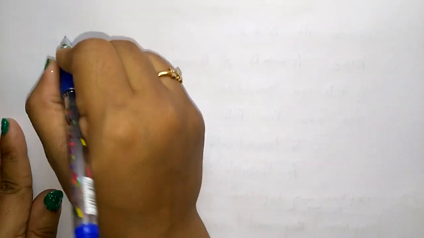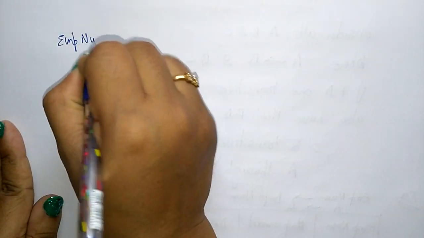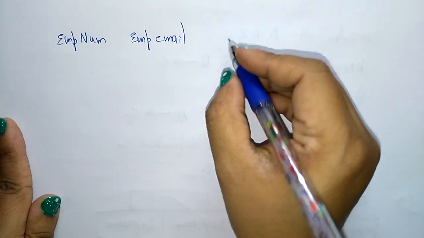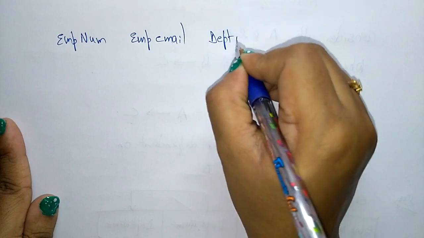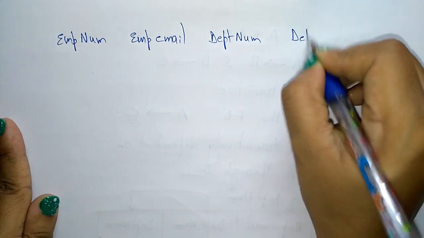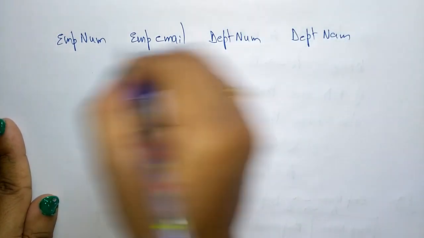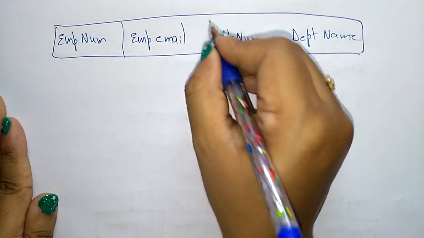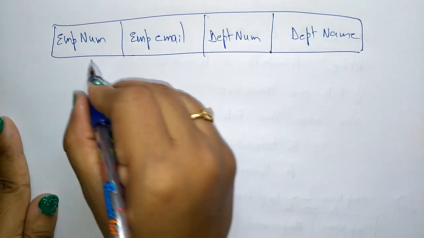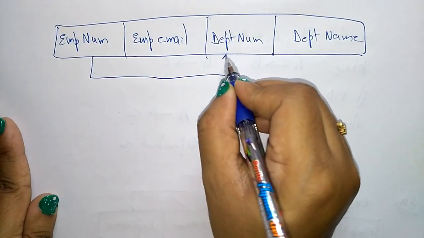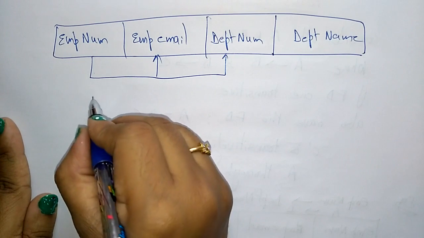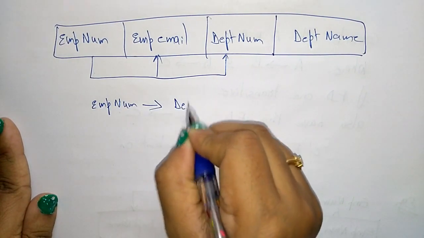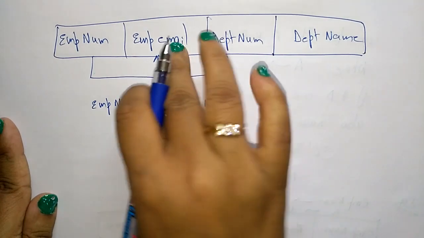Let me take that. So employee number, employee email, department number, department name. These are the attributes. First A determines C. Here employee number determines department number as well as employee email.